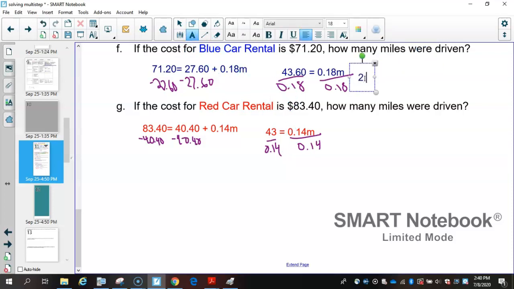Here we have 2.42, or $2.40 equals M. And here we have 307. Oh, I didn't put the decimal.